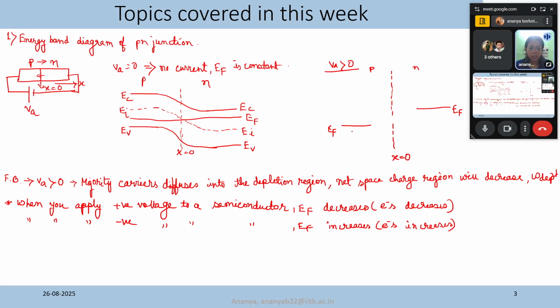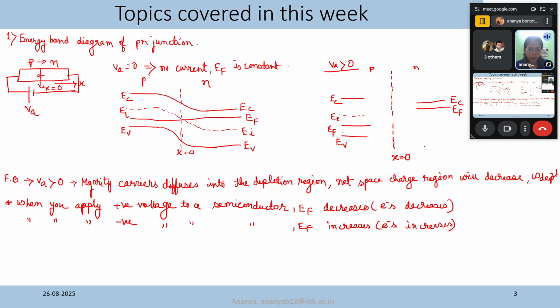Okay, so I am drawing EF slightly below because we are applying positive bias to the P side. Now, as I mentioned, away from the junction the bands will look as they are, like the P side will look as it is and the N side will look as it is, and our overall EG will be constant, right? So this is my EV, say this is EC, EF, this is EC.